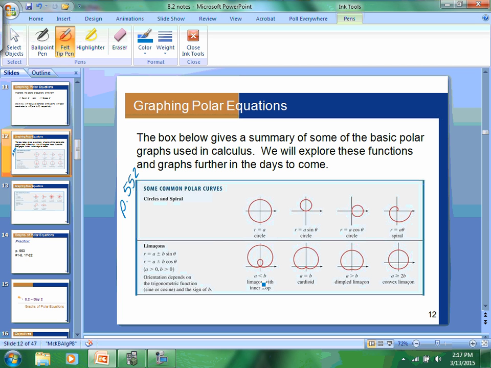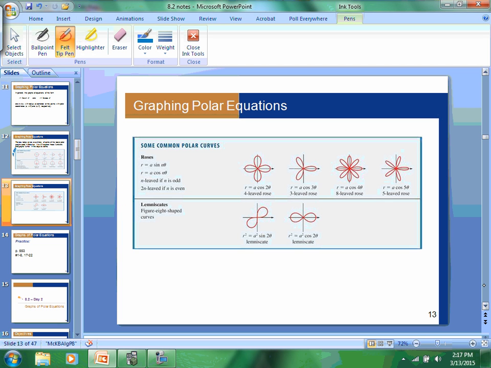We also have some, not really exactly sure how to pronounce these, but you have these crazy shapes that have a little loop on the inside of them. And then you have roses, which we're going to see a lot. This one has 4 leaves or 4 petals on it. This one has 3. And they get more complex as the equation gets more complex.